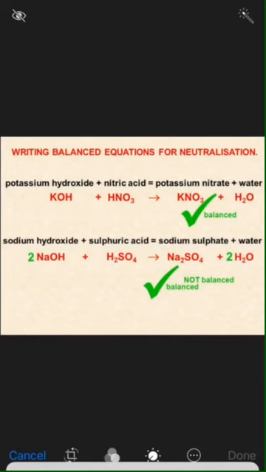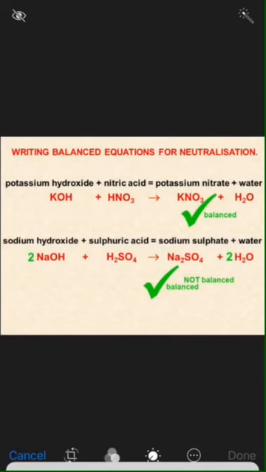Okay. Now, what is left? The other ions. The potassium ion is left with nitrate from nitric acid to produce potassium nitrate, which is the salt.